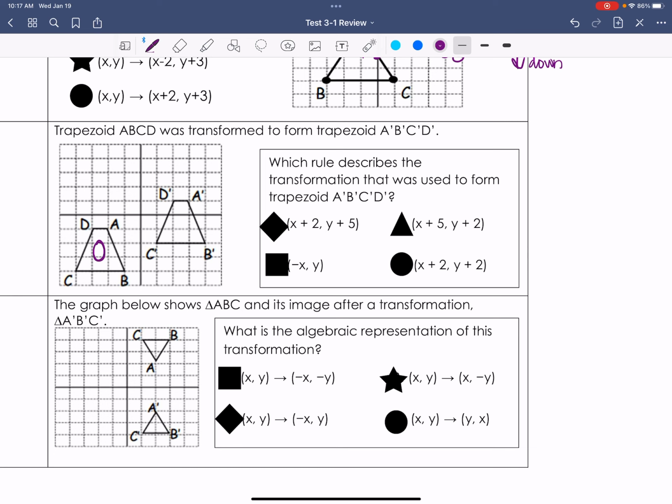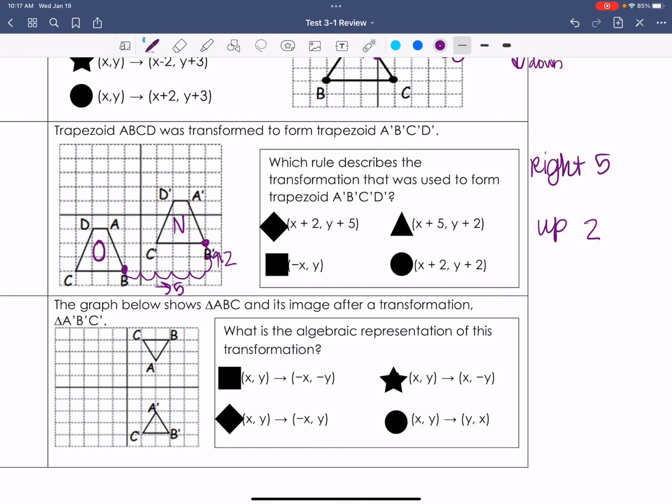I see here that this shape is going to be my new because it has those primes. So now that you have identified your old and your new, now you need to determine which point you want to look at. I'm going to start at B and make my way to B prime. So starting off at B, I see that I need to go 1, 2, 3, 4, 5 to the right. I went right 5. And then I went up 2.